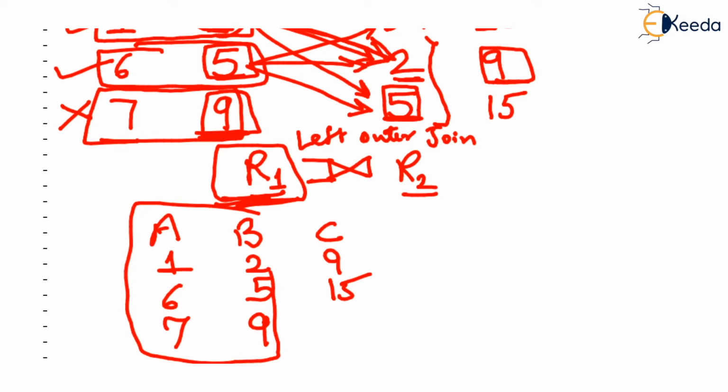And if this value of B, 9, doesn't get a match anywhere in the right hand side table, then the value under the right hand side column should be null. What it means is, if the left hand side table does not get a match on the right hand side table, irrespective of that, left hand side rows will always be shown. And because the match was not found on the right hand side, null will be shown.